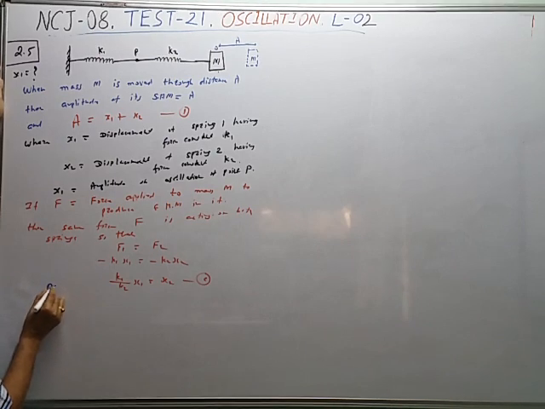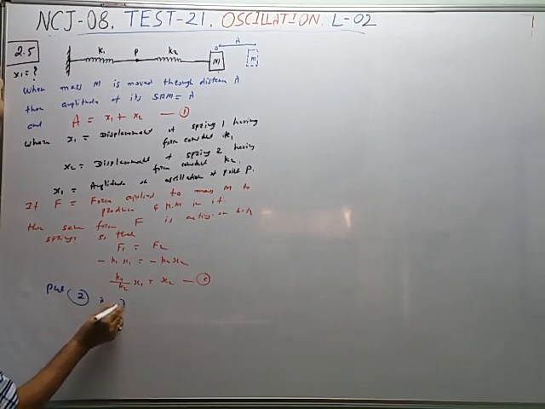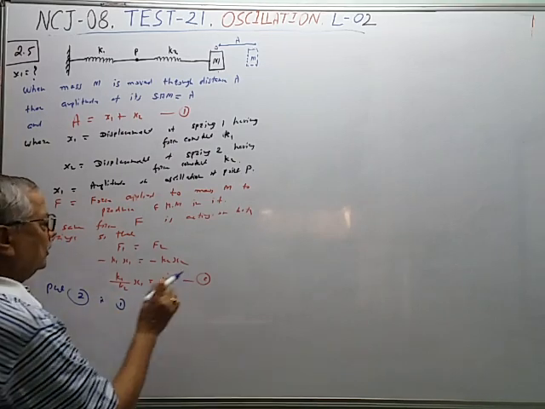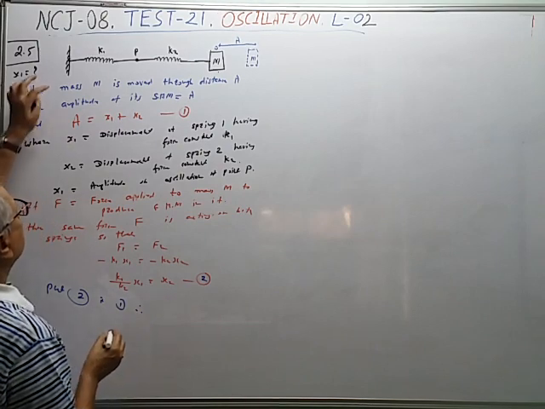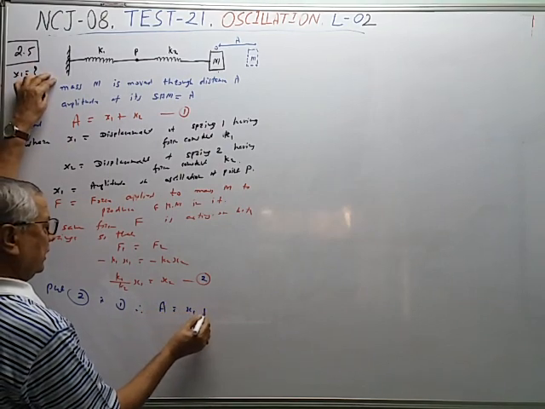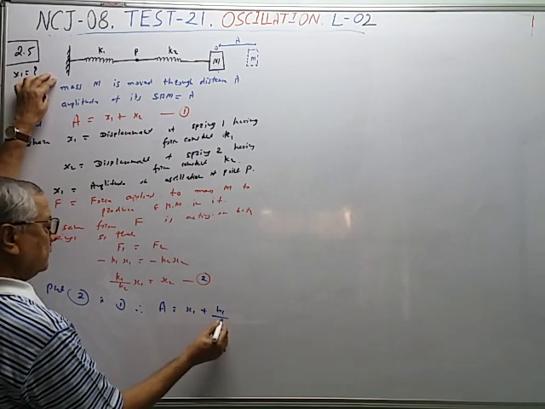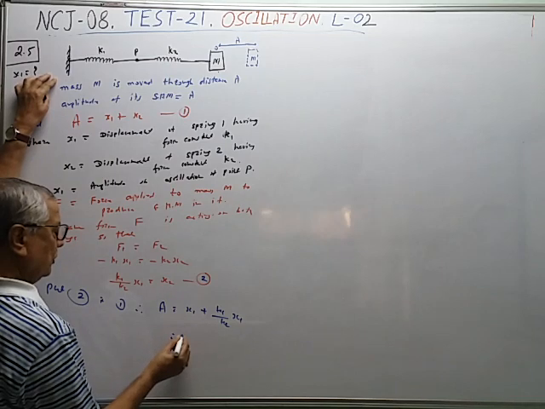So put 2 in 1. And therefore, A is equal to X1 plus K1 upon K2 times X1.